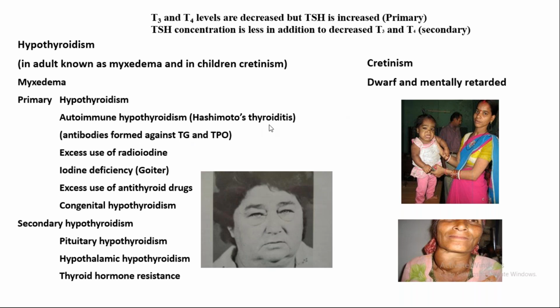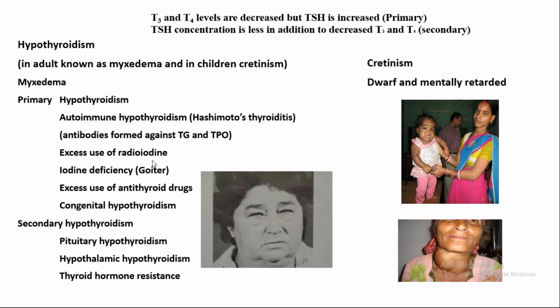So this condition is known as Hashimoto thyroid disease. These antibodies are formed against thyroglobulin and TPO. Thyroglobulin is a very important molecule, and TPO, the enzyme, is also important. So these autoimmune antibodies are inhibiting this activity.